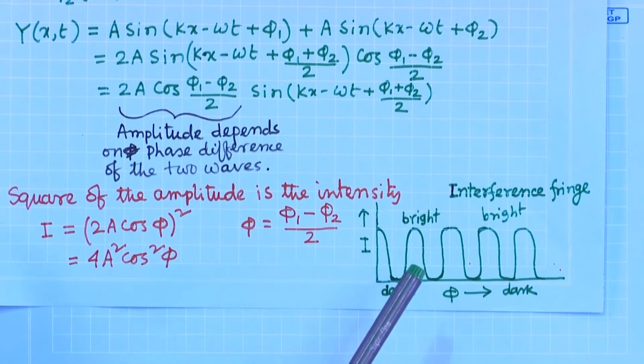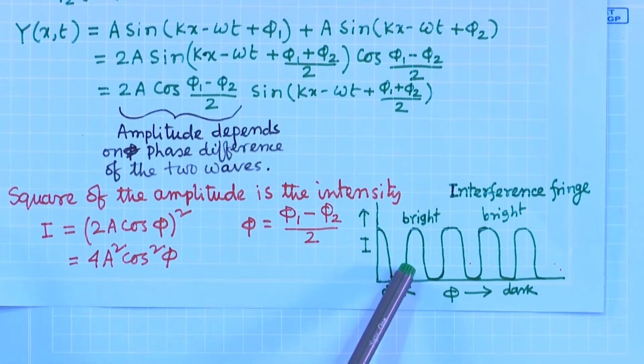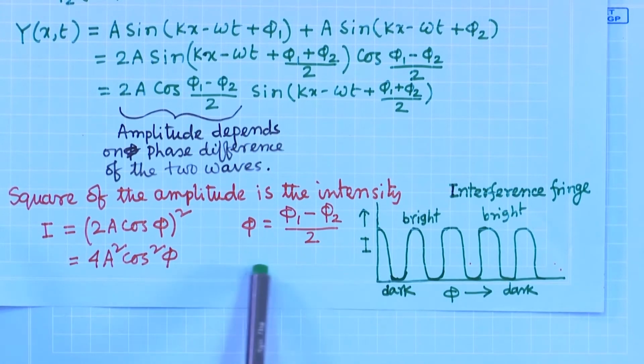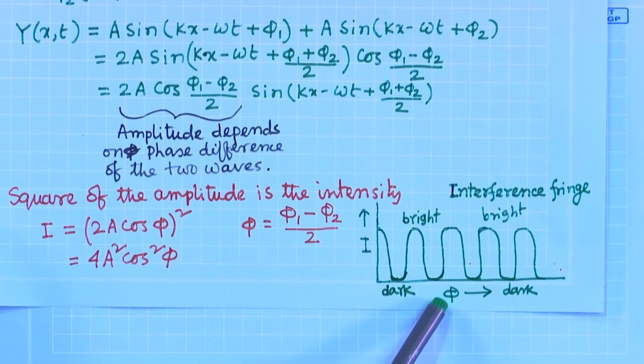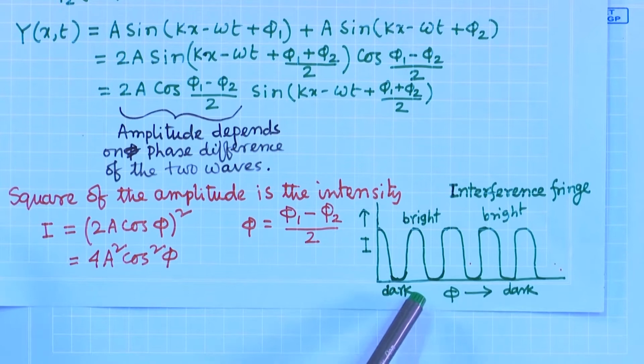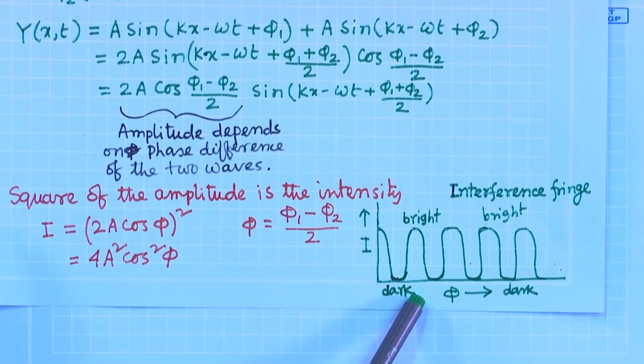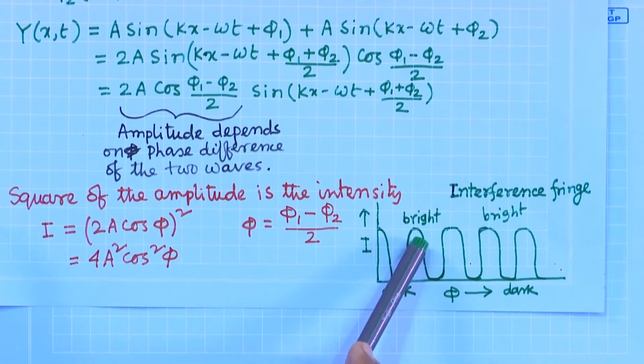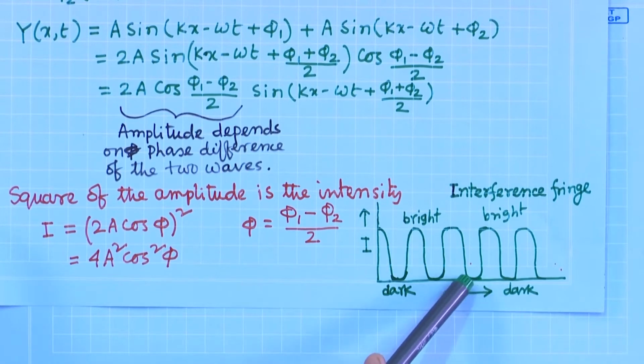This interference fringe depends on the phase difference between the two waves at the point where they are interfering. So, bright, dark, that contrast we are getting.